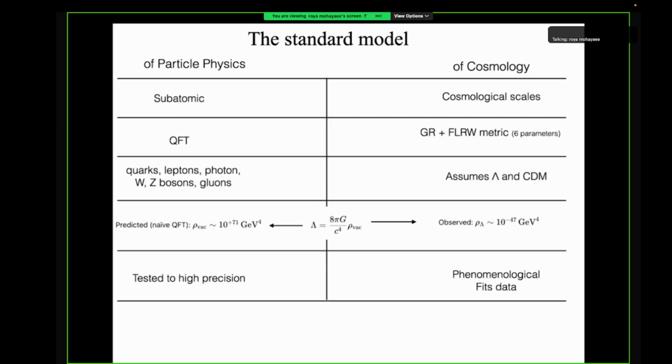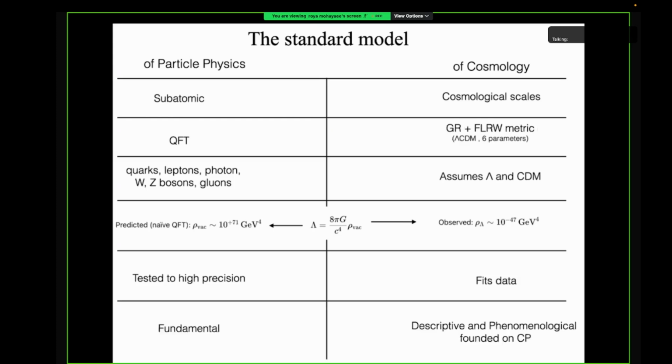The standard model of particle physics has been tested to a high precision. The standard model of cosmology is very much phenomenological. It fits the data quite well, the model of lambda CDM. And if I may say, the standard model of particle physics is fundamental, whereas the standard model of cosmology is very much descriptive, is phenomenological, and is founded on CP, and CP is not charge parity, it is the cosmological principle.